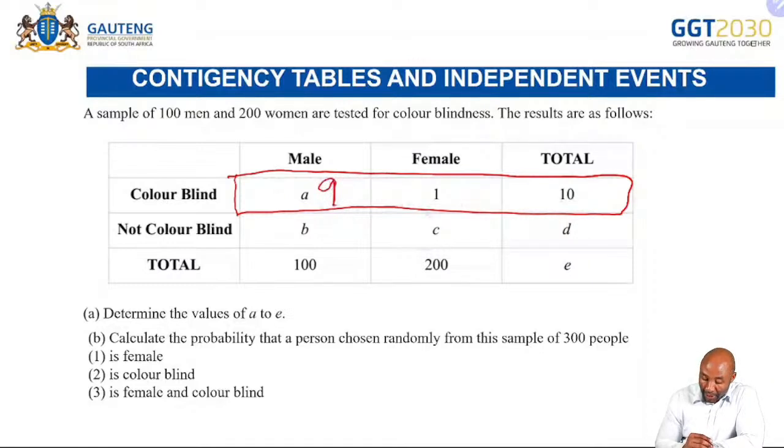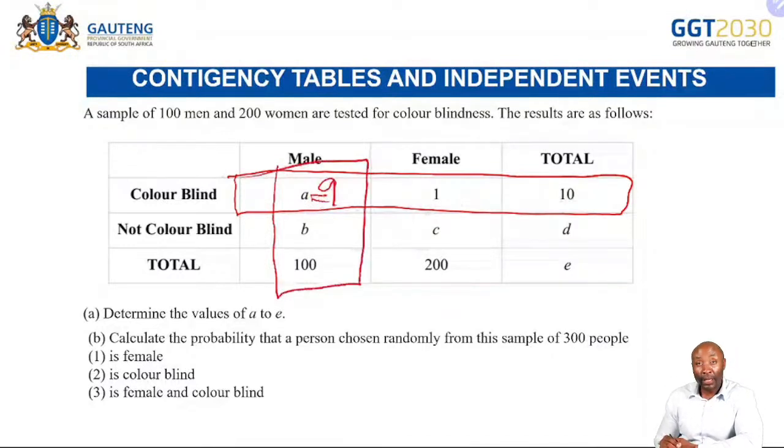So A is equal to 9. To get our B, here we are having our totals going down. So to get our 100, which number must we add to 9 in order to give us 100? Our B will be equal to 100 minus 9, and that should give us 91.